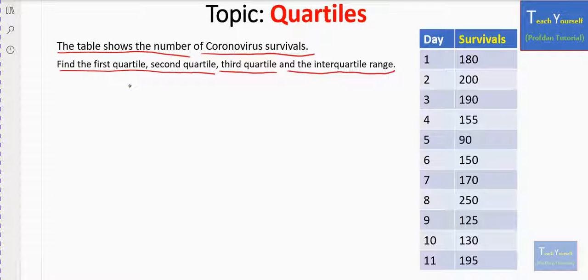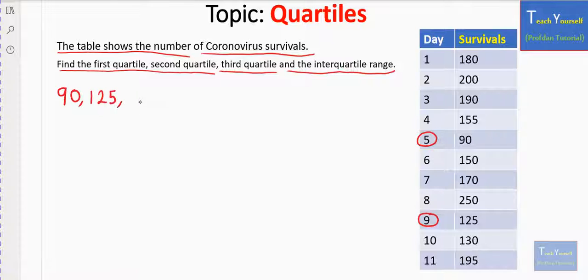So if we write in ascending order from the smallest to the biggest, the first number, the smallest number, is on day 5, that is 90. And let's look at the next number after 90. It seems to be 125, so that is on day 9. So we have 125.